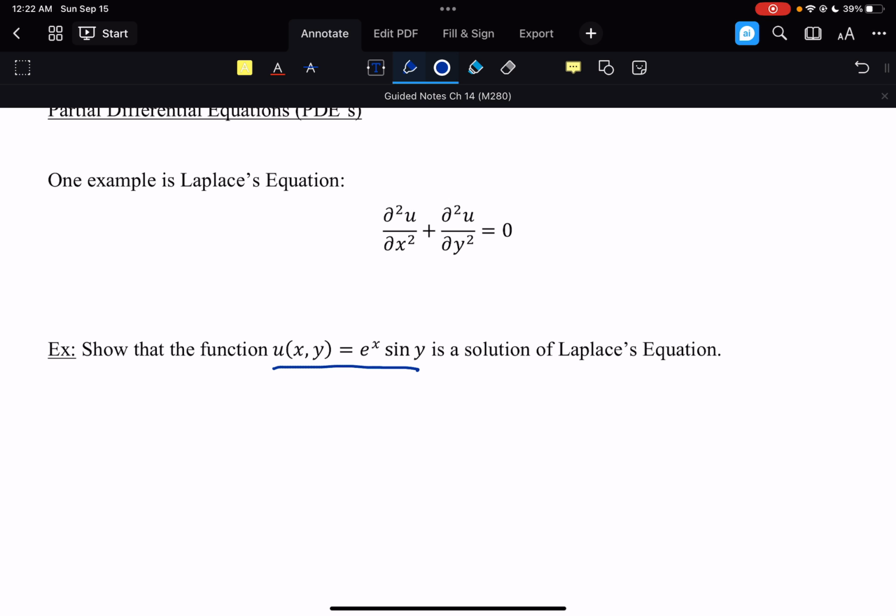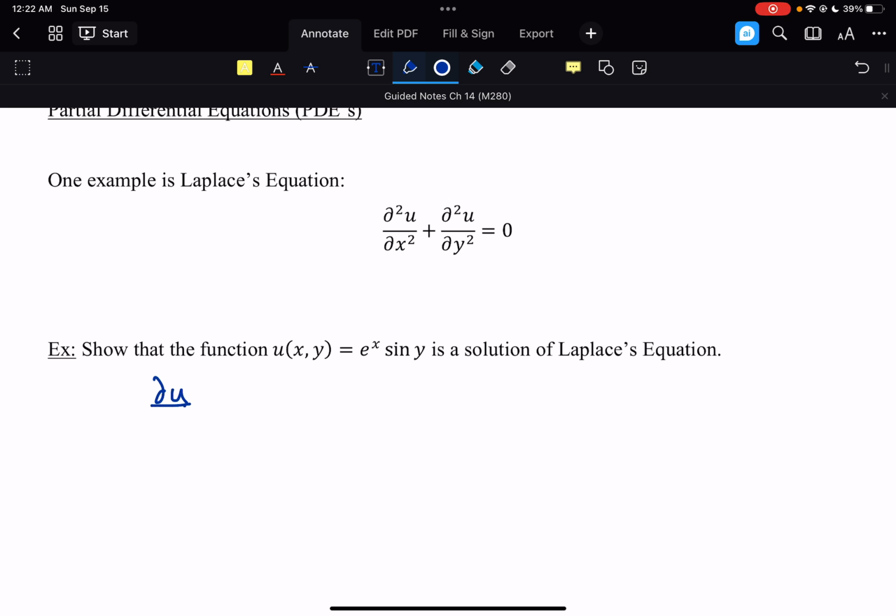So in other words, we need to show that this function fits this relationship. So if we just take the appropriate partial derivatives, we'll see if it equals 0 when we add them. And if it does, then it's a solution. And if it doesn't work, then we probably did something wrong because it says to show that it's a solution. So let's go ahead and take a look here.